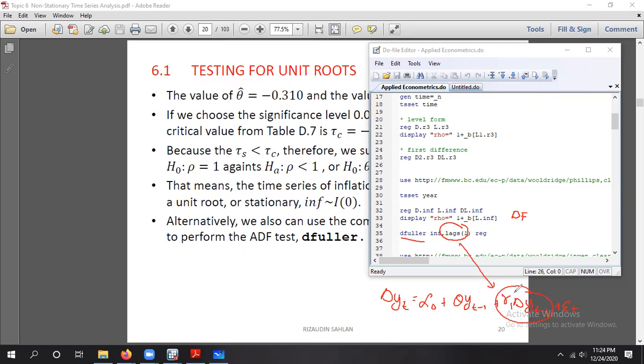If it is lag 2, it means sigma 1 Y(t-1) plus sigma 2 difference Y(t-2), and so on. But for our example, we just put lag 1. Because we put lag 1, now the test will become augmented Dickey-Fuller. If we don't put these lags, our test will become Dickey-Fuller.